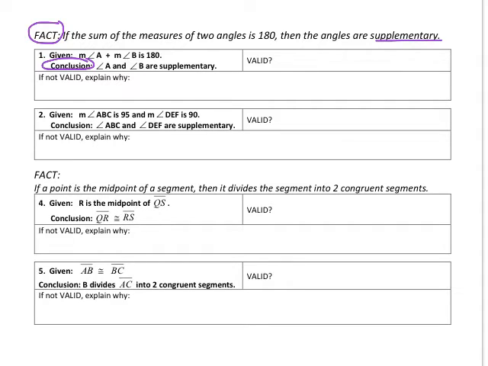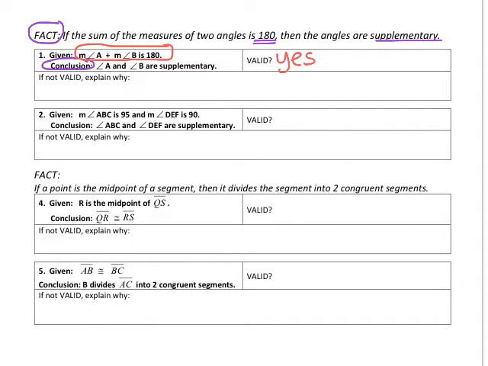Now that is a fact because if two angles add up to 180, we do call those angles supplementary. And in this statement we're given that the measure of angle A plus the measure of angle B is 180, and then the conclusion someone has made is that angles A and B are supplementary. And is that a valid statement?